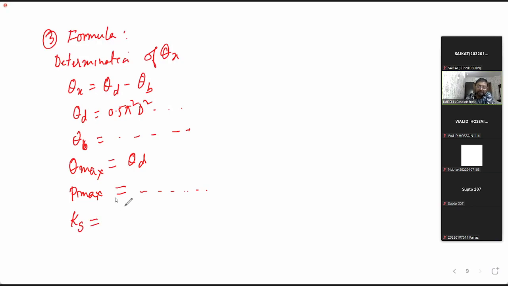We know Ks is equal to QO divided by PO. Or for a circular die, we have given the formula for Ks. What is the formula? Can you tell me the formula? Yes, my dear friends.